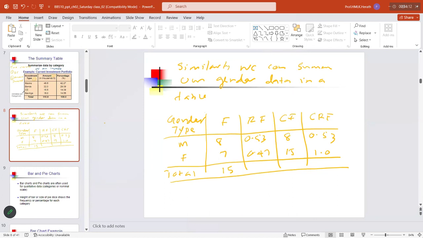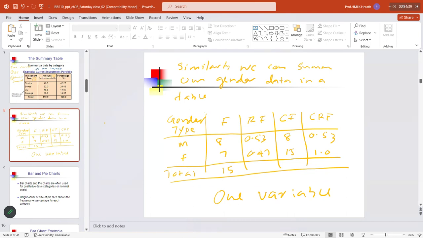Here we have one categorical variable, while in the previous case we had two variables. Data summarized in a table like this can be put in a chart or graph as well.